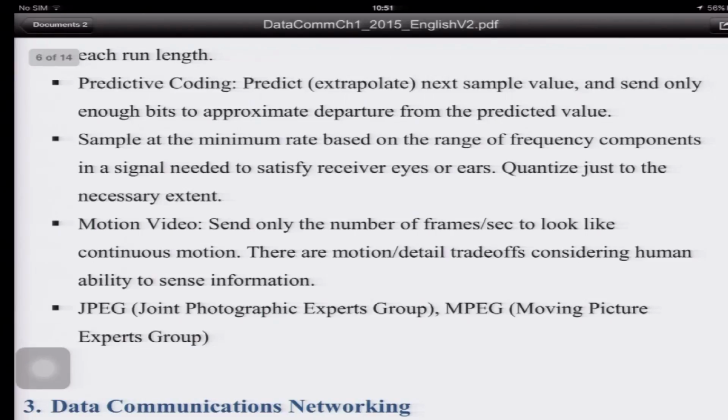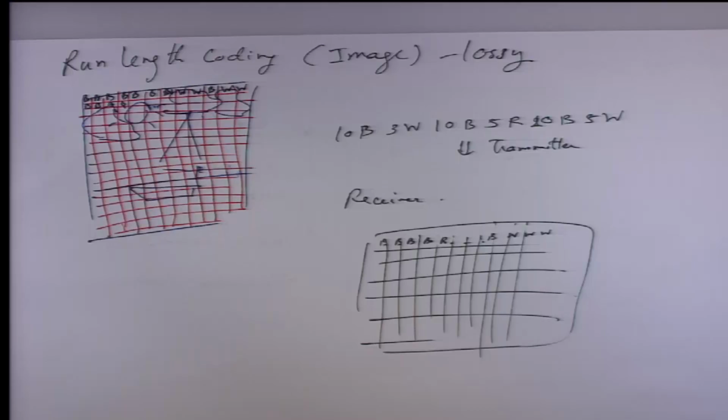The next technique is predictive coding. Here you predict the next sample value and send only enough bits to approximate the departure from the predicted value.